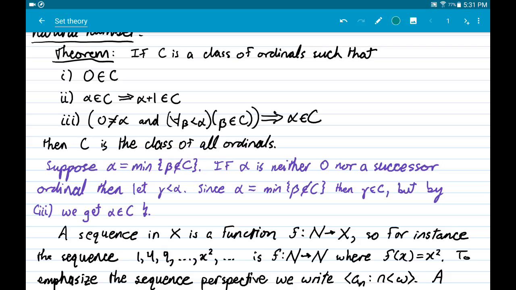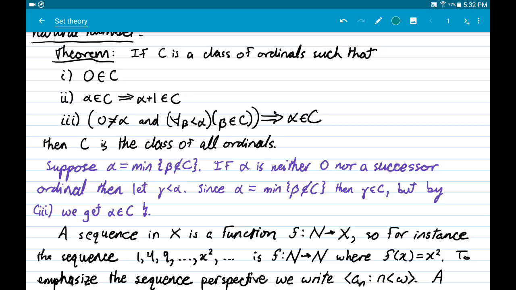But after all, if our ordinal, alpha, is neither the empty set nor a successor ordinal, then it must be a limit ordinal. That is to say, there is no beta such that it is beta plus 1.